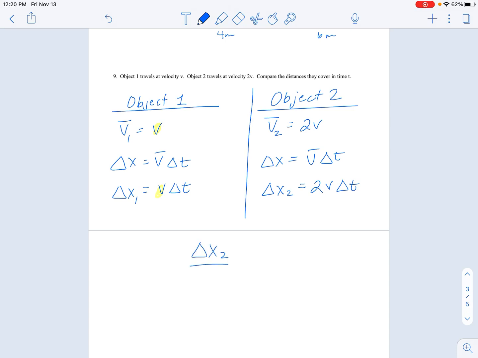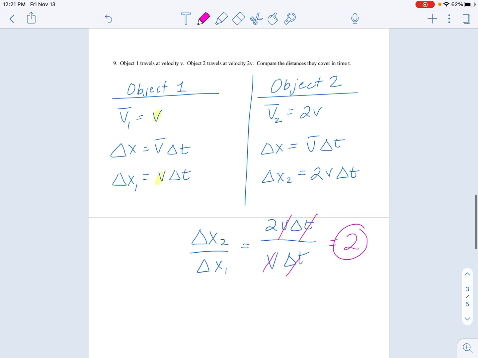What's the ratio of the displacement of object 2 over the displacement of object 1? Object 2 is 2v delta t, and this one is just v delta t. The v's cancel and the t's cancel, and I just end up with a 2-to-1 ratio. So I would say that the displacement of object 2 is twice the displacement of object 1.